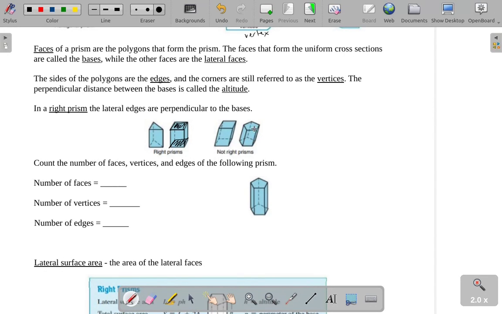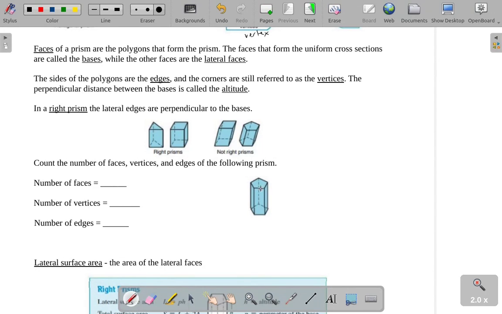These ones right here show it: the top and bottom bases are not at a right angle to the direction of the extrusion, or the direction of these edges. And so that would not be a right prism. For the purposes of this class, we're going to be focusing on right prisms because things are easier to do here.